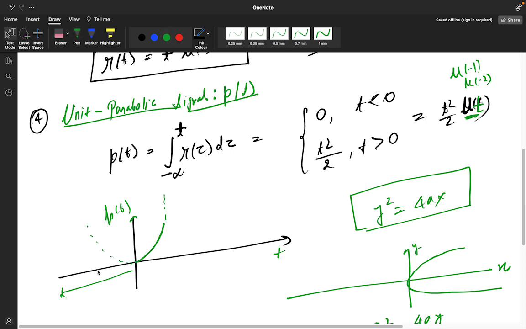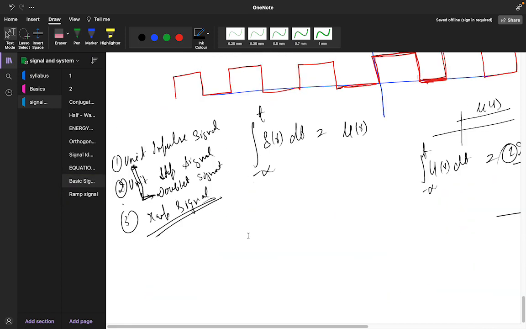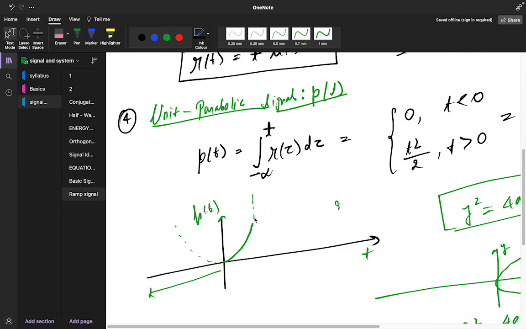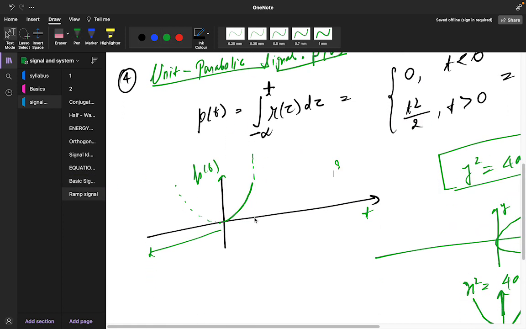But in this curve, why are you not getting 0 in this part? Because this is a plain function, so a positive value gives a positive graph like this. For a negative value, the step function result is 0. So this is a unit parabolic signal.